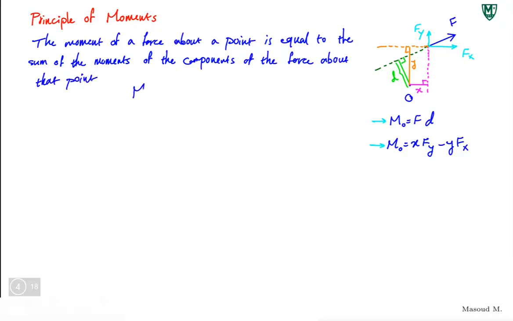So M naught is equal to F D, and it's equal to x Fy minus y Fx in this case. That's the principle of moments.